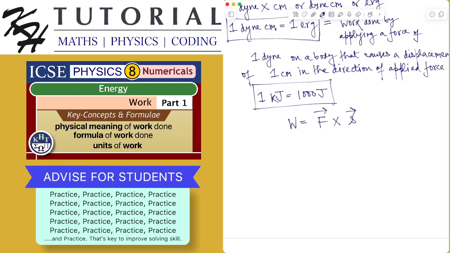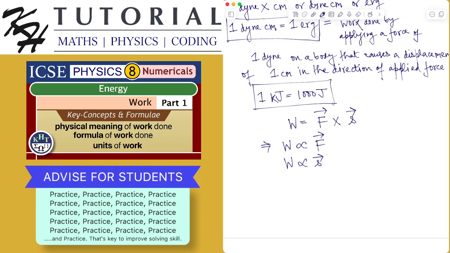Clearly, the work done is directly proportional to the magnitude of the force. Also, work done is directly proportional to the displacement. So for a constant displacement, if you apply more force, the work done will be more.